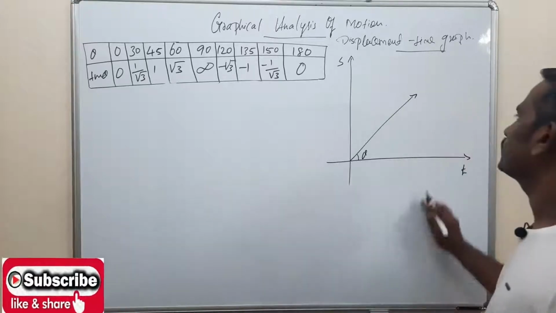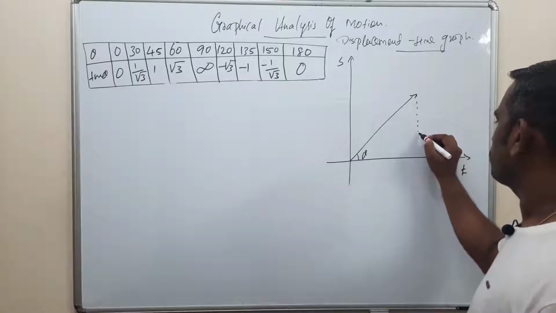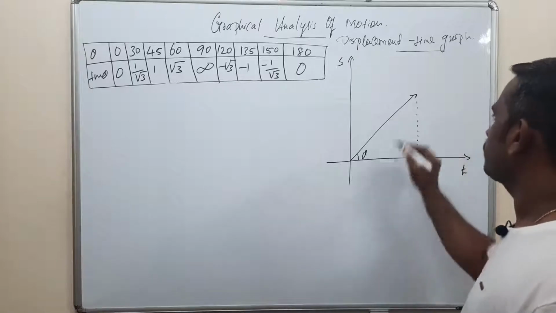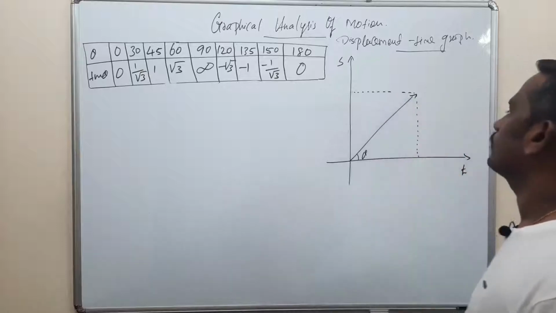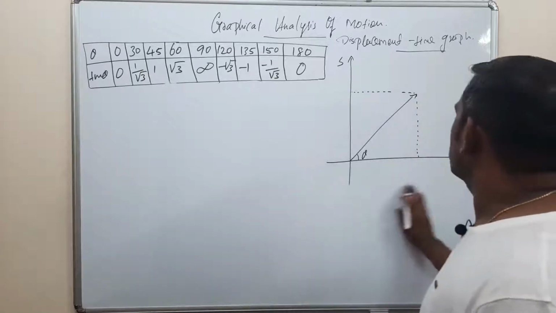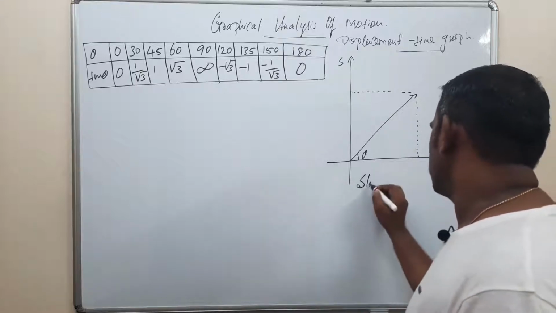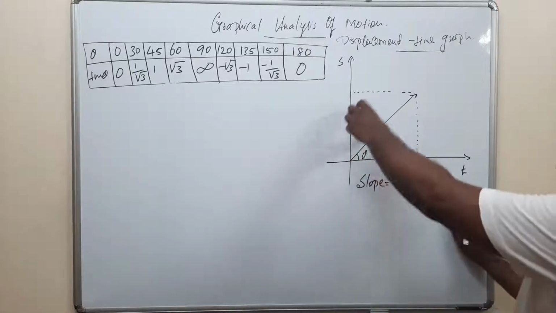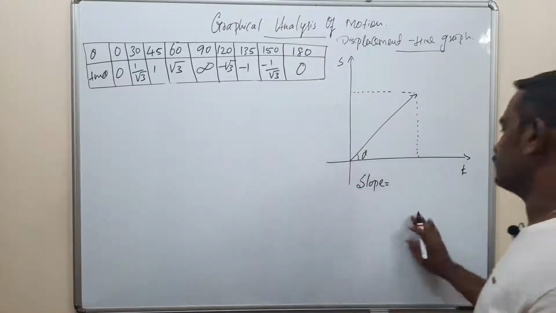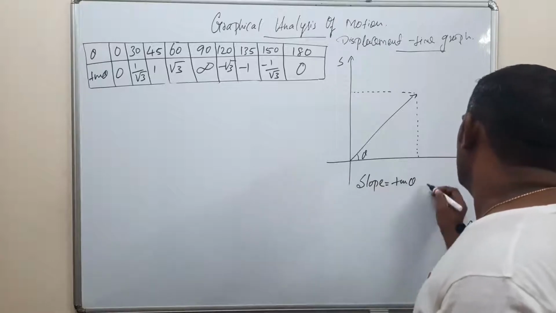The slope of this displacement time graph is equal to tan theta.